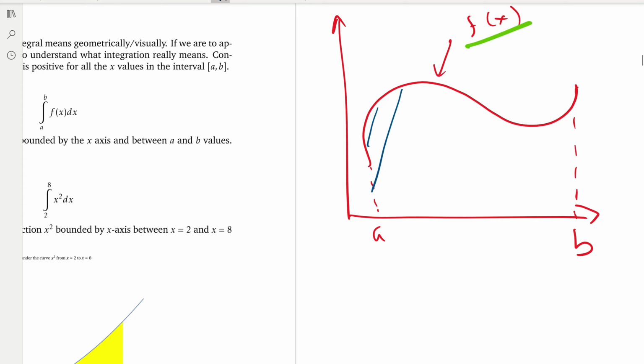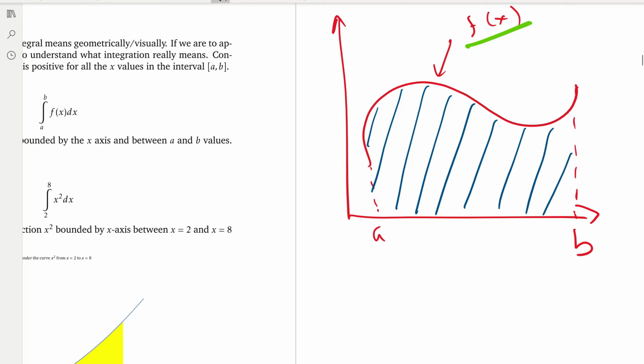That means this area. The number you get from the definite integral is actually the area for a positive function f, the area between the curve and the x-axis. The geometric meaning of the definite integral is area under the curve.